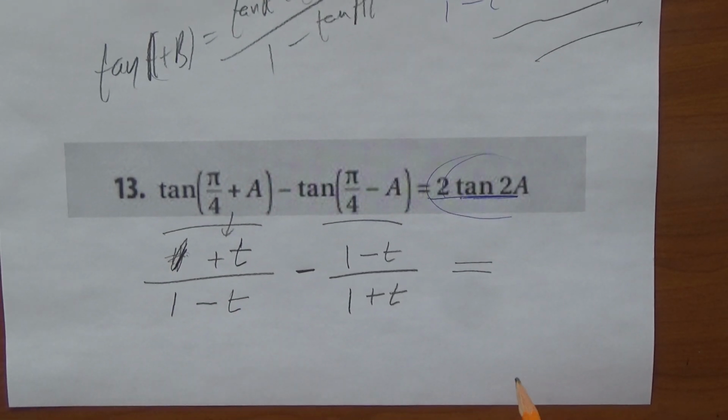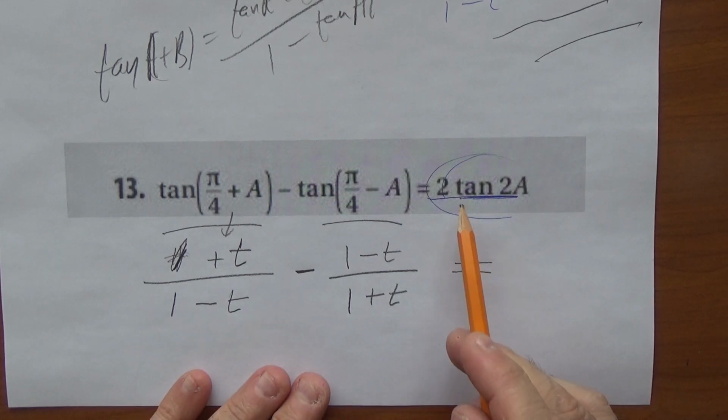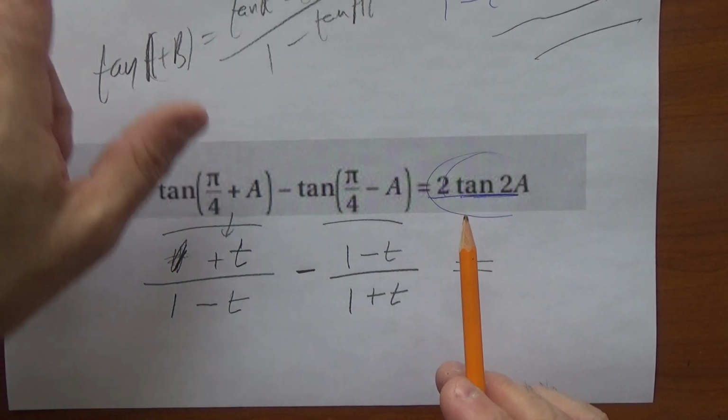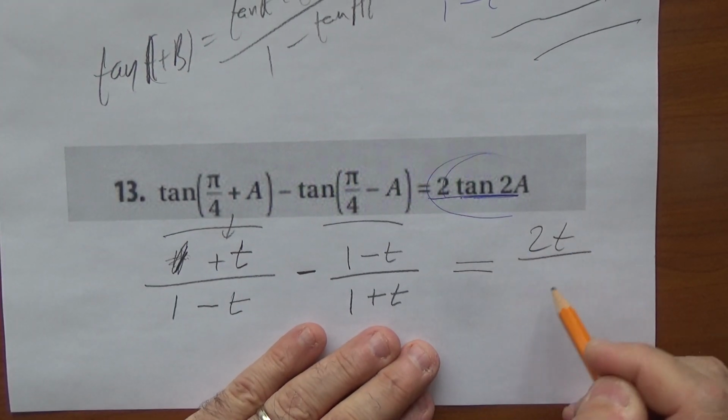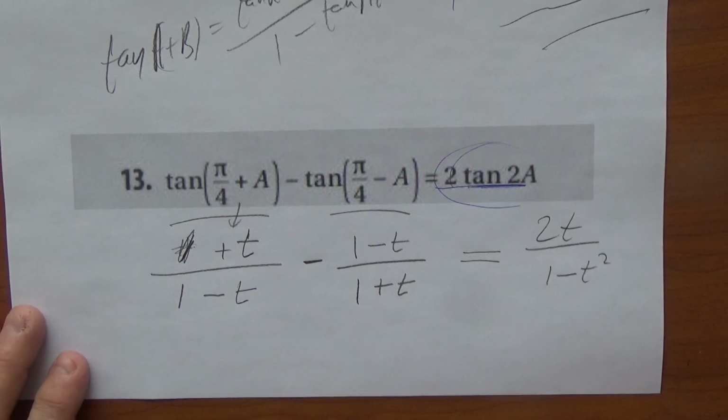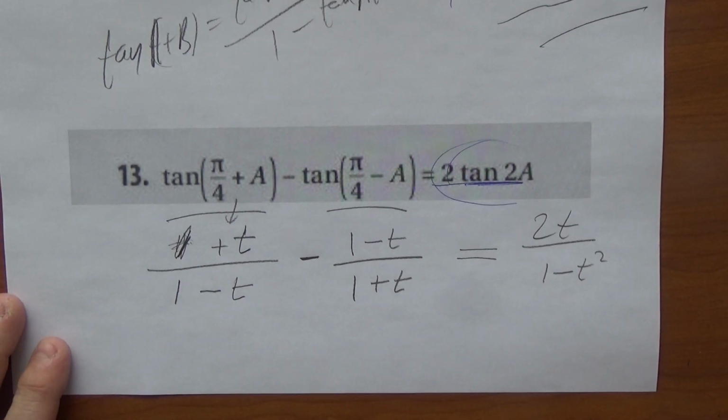Okay. And then this becomes, we just use the tan 2a formula, which is 2t over 1 minus t squared. And we've been here before in a different guise. This question came up just a while ago.